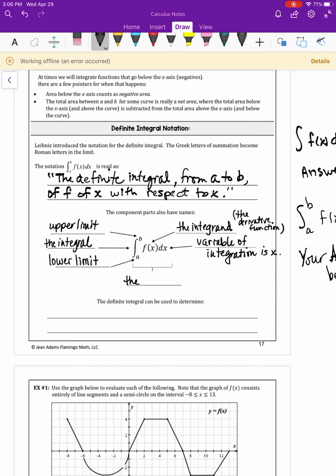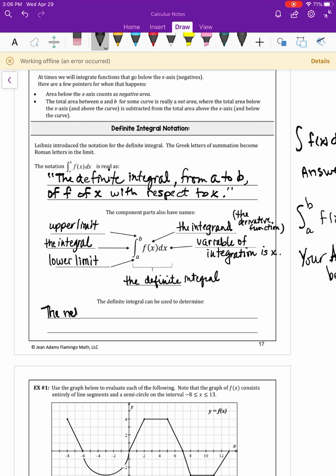If it had dt, your variable of integration would be t. And this whole thing is the definite integral. We knew it was a definite integral because it was going from a to b. If it didn't have the upper and lower limit, then it would have been an indefinite integral.